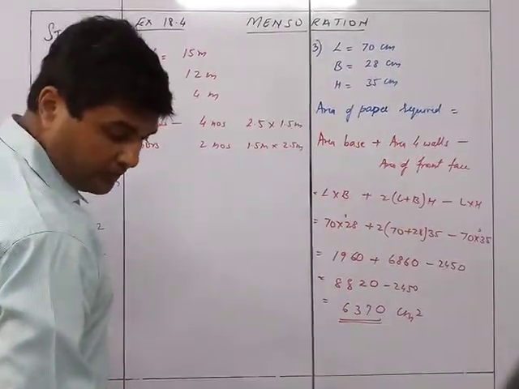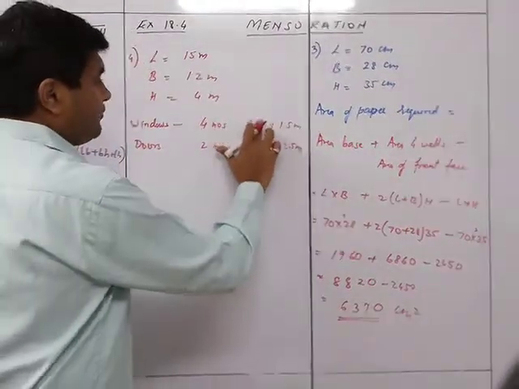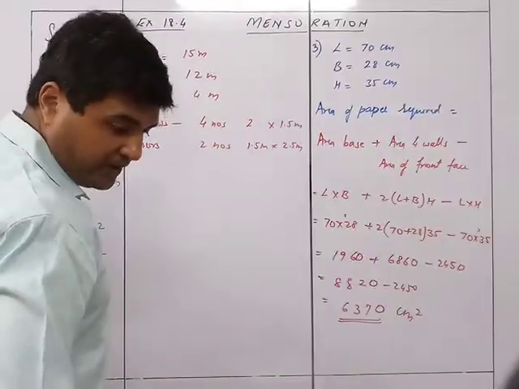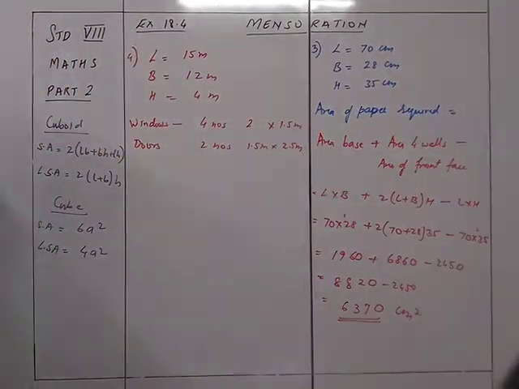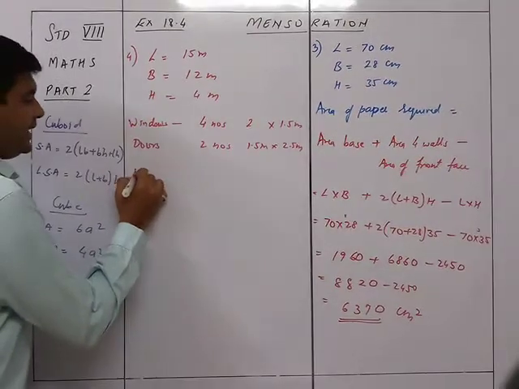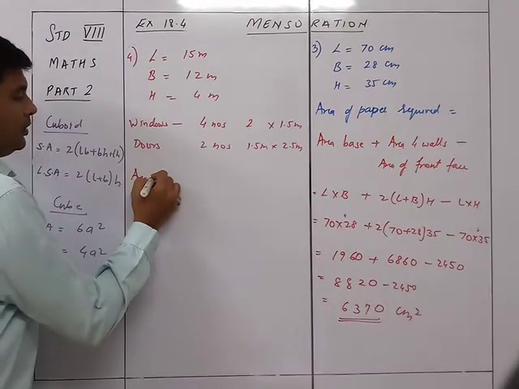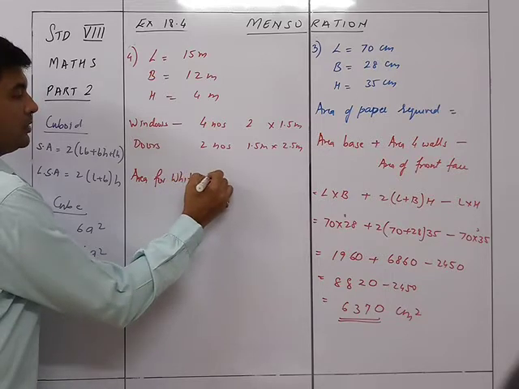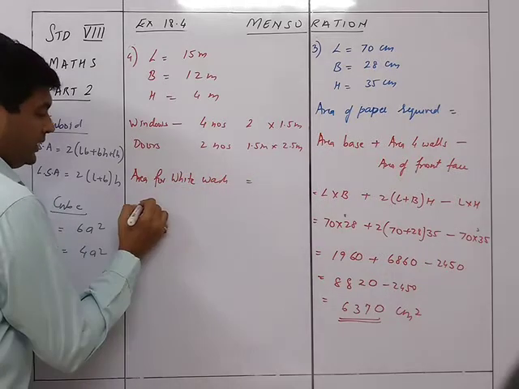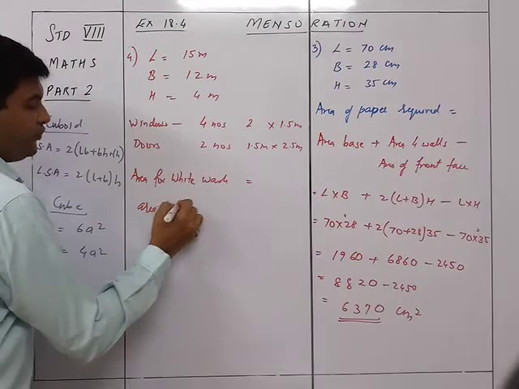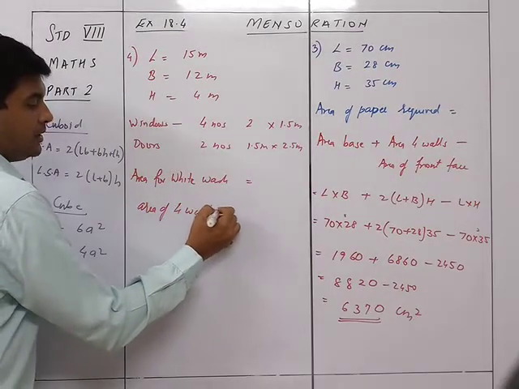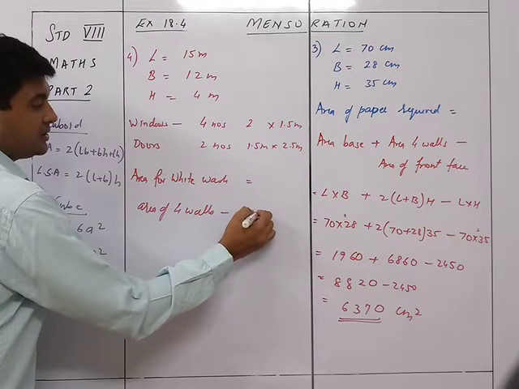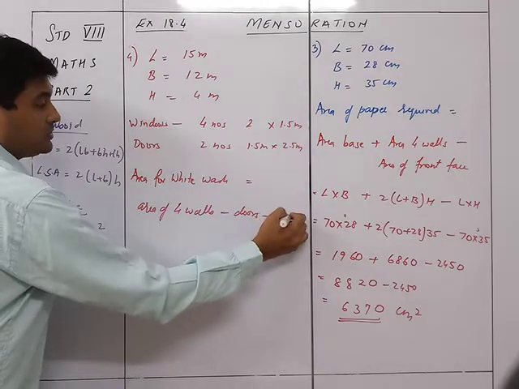Okay, it's 2 into 1.5, sorry, this is 2 into 1.5 and 1.5 into 2.5. So we know that area for whitewash is equal to area of 4 walls minus doors minus windows.